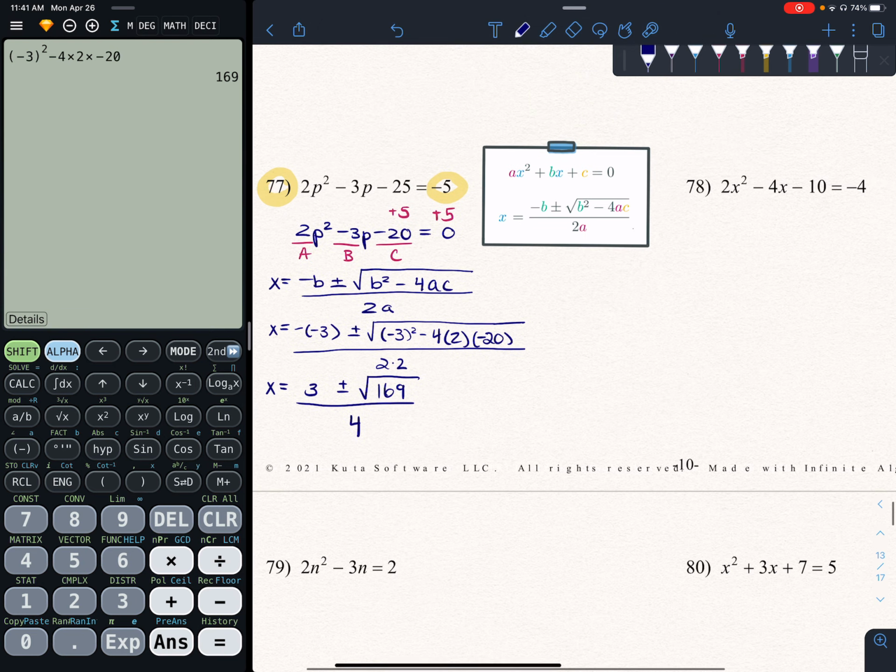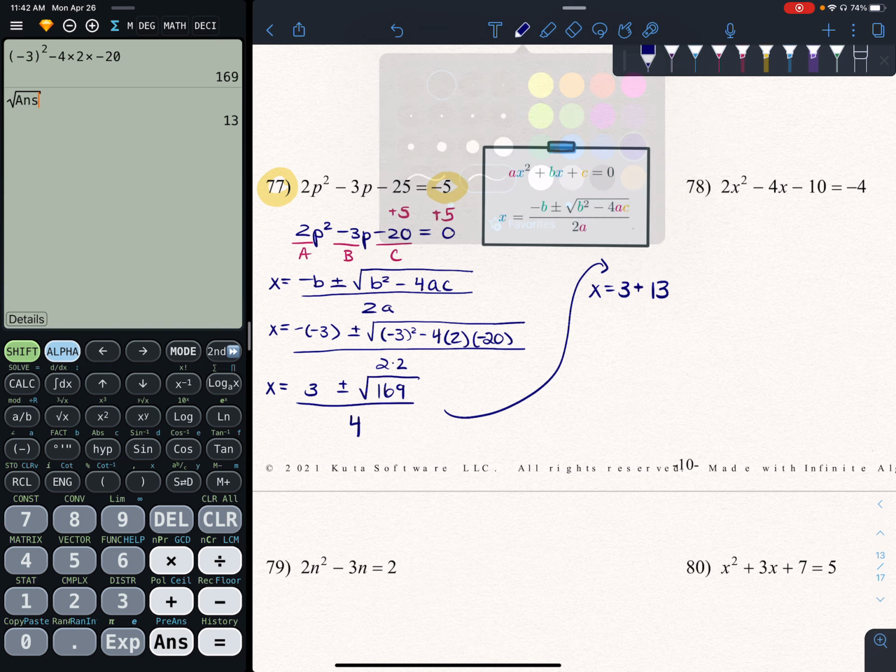So now I'm just going to finish this off up here. So at this point, it's going to split off into 2 options. So we're going to have x equals 3 plus, and now the square root of 169 is 13. So plus 13 over 4, or x is going to equal 3 minus 13 over 4.